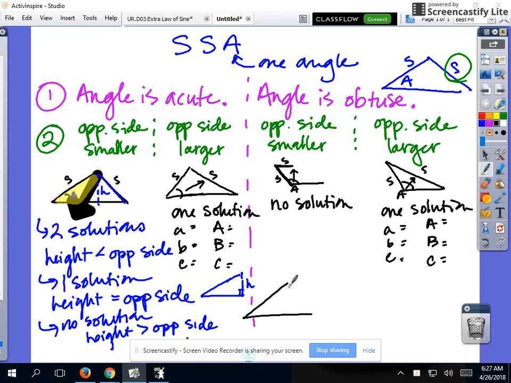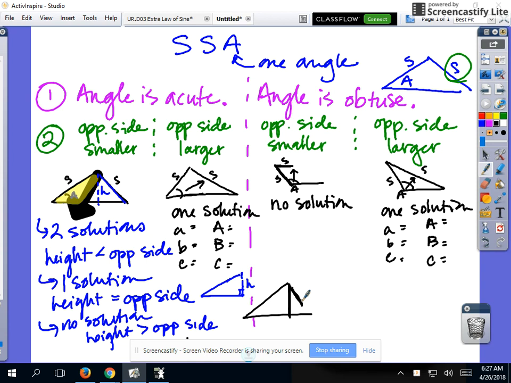So this, and then you're thinking, this will connect here for B, or for the other side. So here's your height. And you're told, oh, hey, by the way, you calculated this height, and it's bigger than this. Yeah, that's not supposed to happen. You'll never create a triangle if your height is bigger than the given opposite side. So you can say no solution, which is actually super nice. You don't have to do any work.